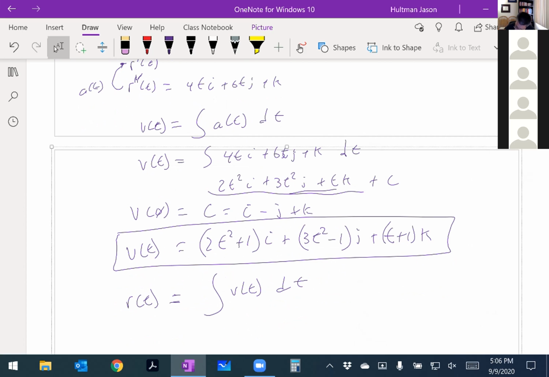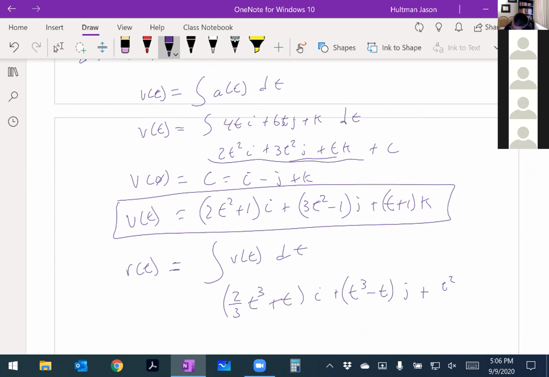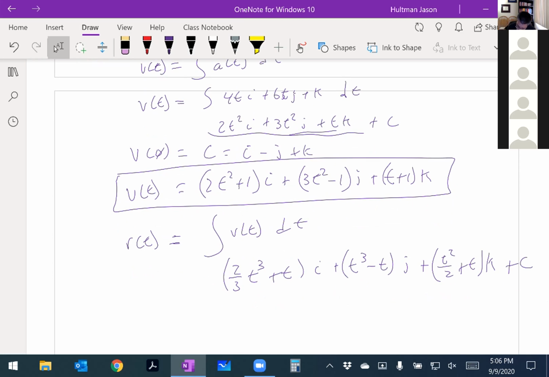So this is going to be what? 2/3 t cubed plus t i plus, what's this going to be? t cubed minus t j plus t squared over 2 plus t k plus c. Okay, so that's r of t.